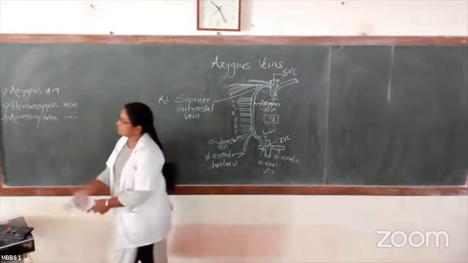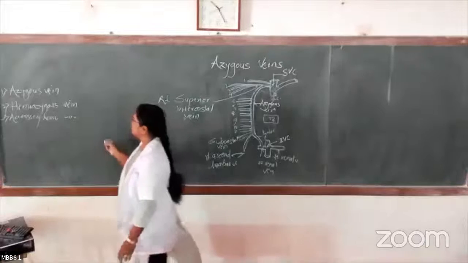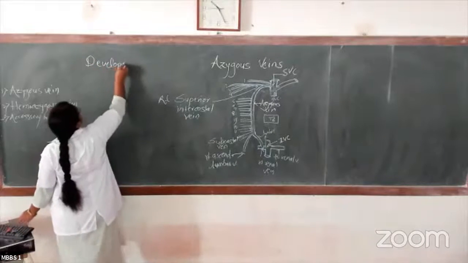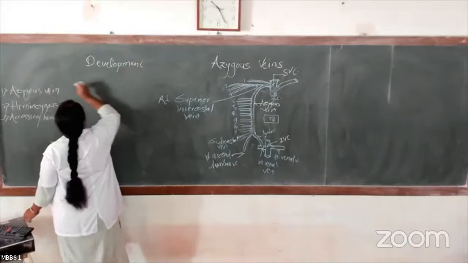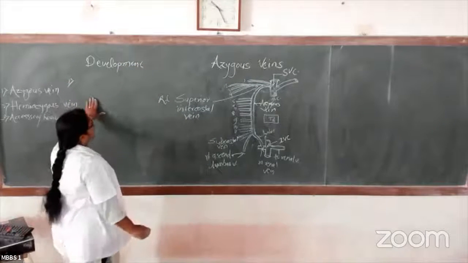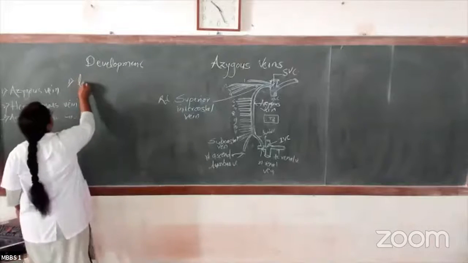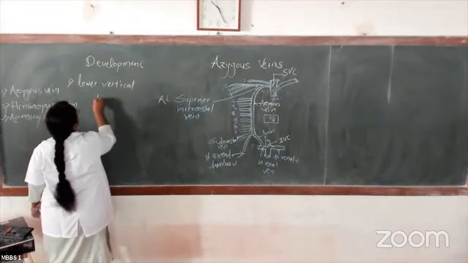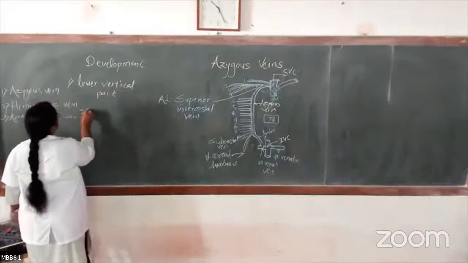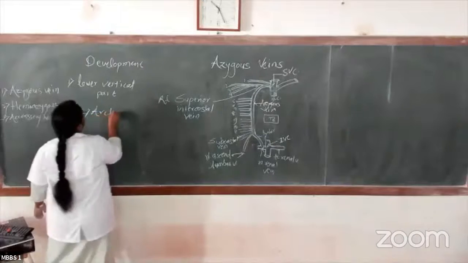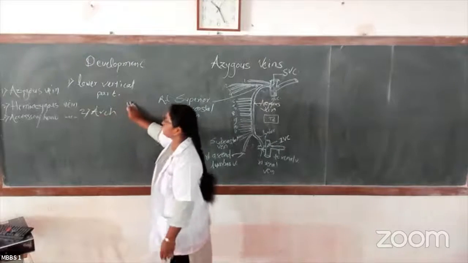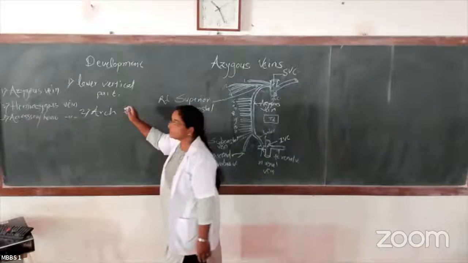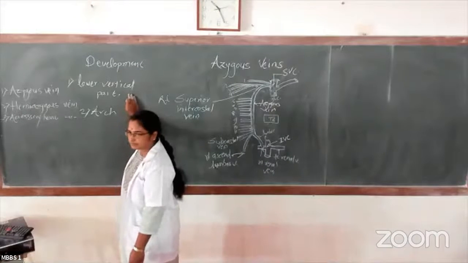Now we see the development of it. This azygous vein develops from two sources, that is the lower vertical part and the arch of the azygous vein.